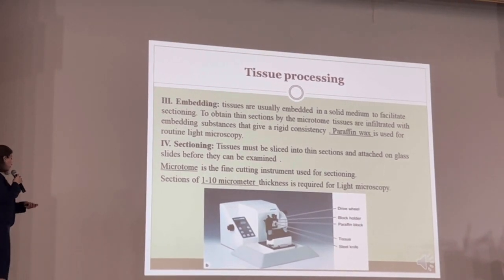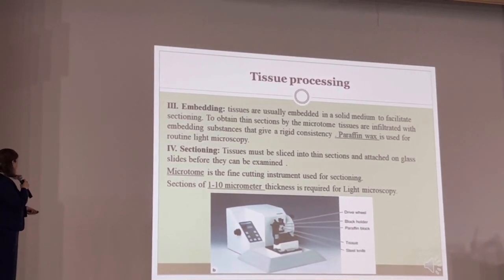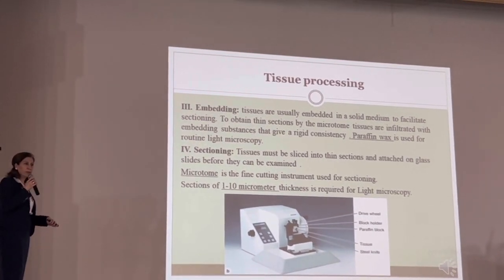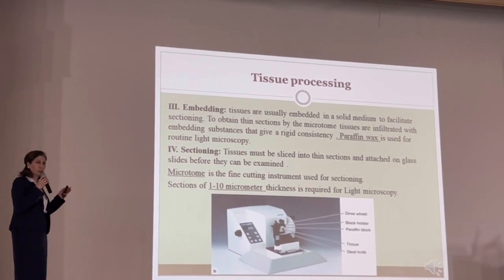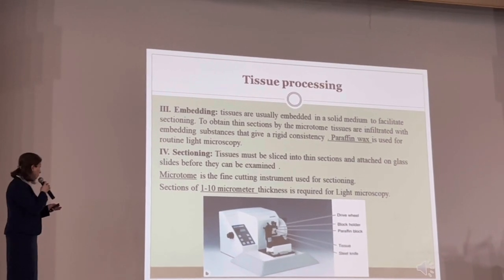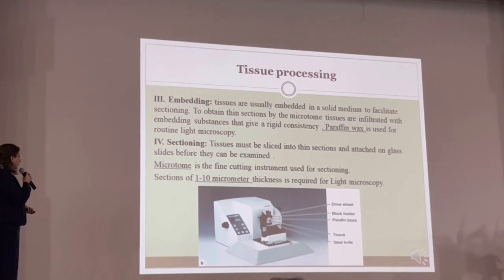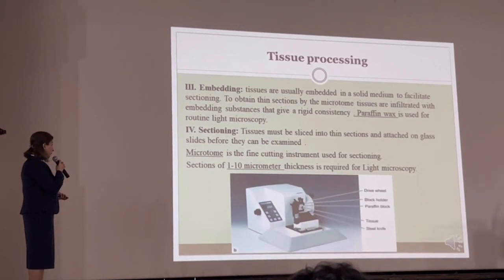So this is regarding the embedding step. Later on we go to the sectioning. Tissues must be sliced into thin sections and attached to glass slides before they can be examined.